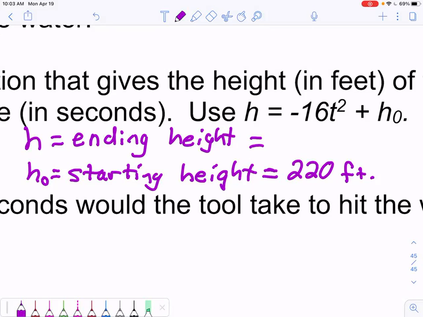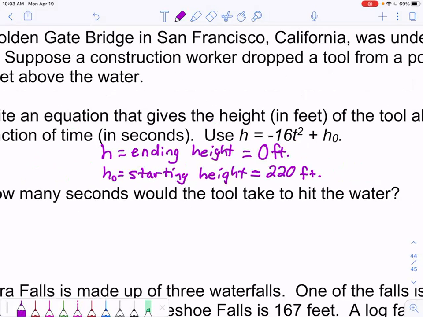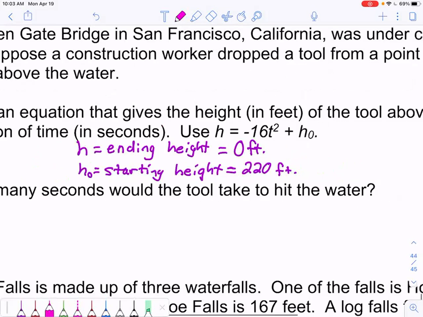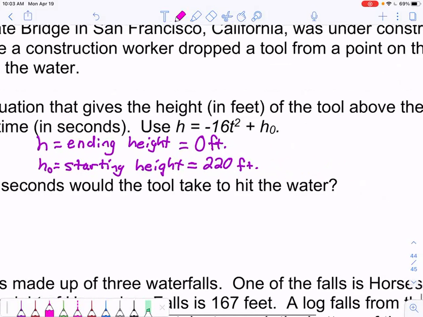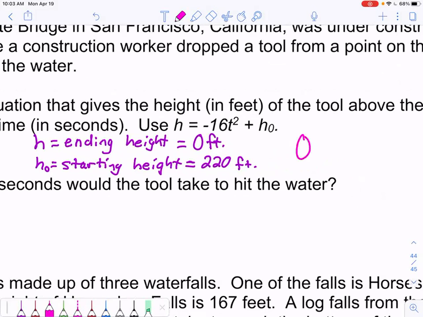Anybody? 0. 0 feet. Yeah, if it hits the ground, you're 0 feet high. Everything is measured height-wise from the distance from the ground. So if you're on the ground, you aren't tall at all. So it's 0 feet. So now we're just going to plug in. 0, or h, is going to equal negative 16t squared plus the 220. Does that make sense how we got those numbers?